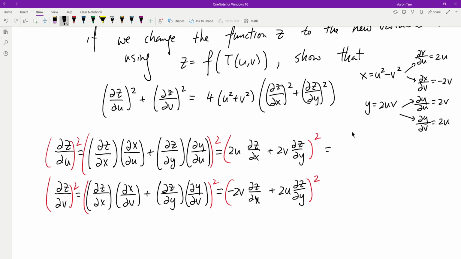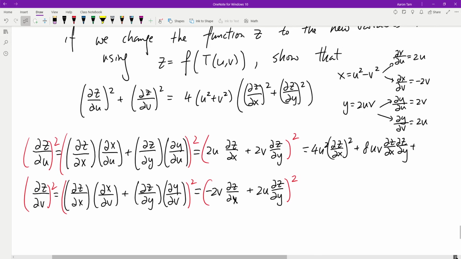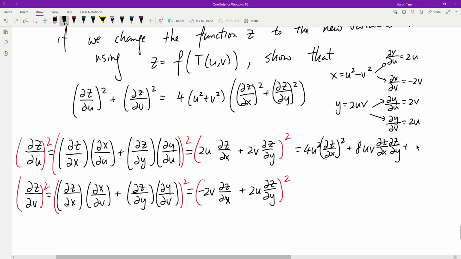So if I square this thing, what do I get? I will have 4u squared dz over dx squared plus 8uv dz over dx dz over dy, plus 4v squared dz over dy squared.